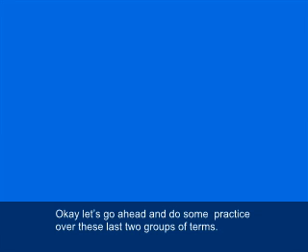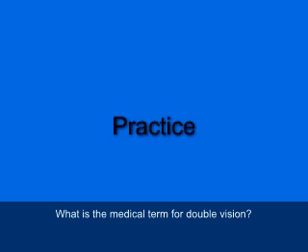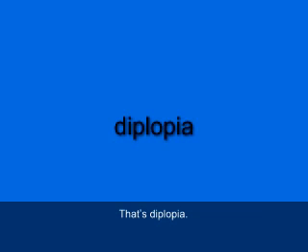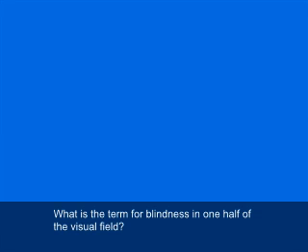Okay, well, let's go ahead and do some practice over these last two groups of terms. What is the medical term for double vision? That's diplopia. What is the term for blindness in one half of the visual field?